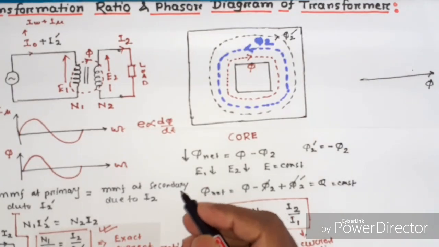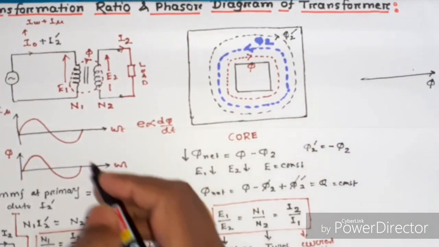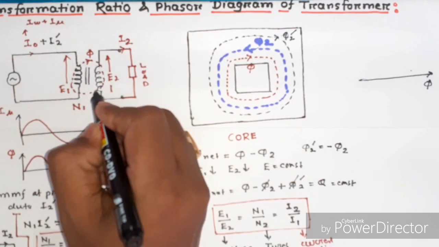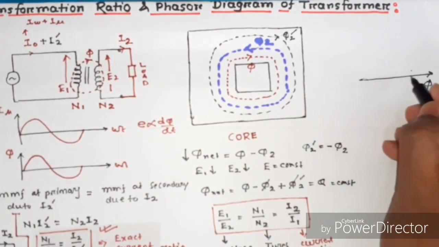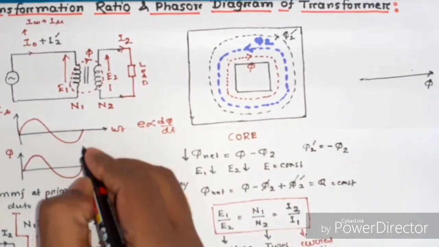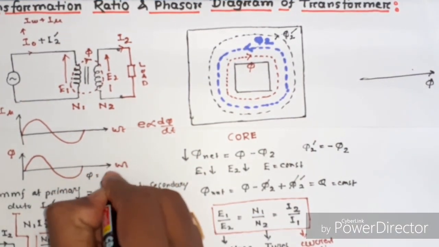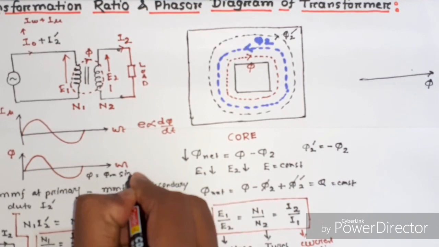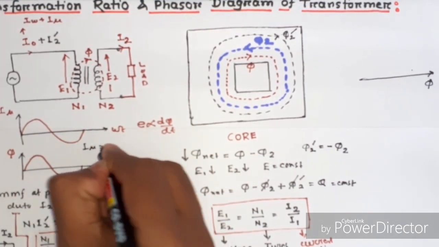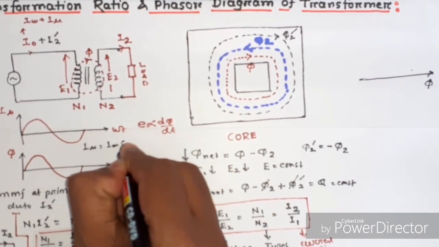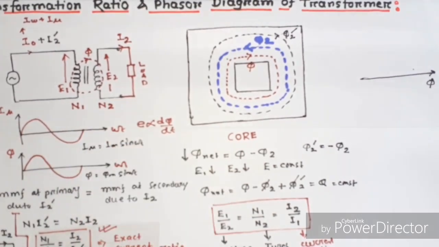Now let us draw the phasor diagram of the transformer. Here flux phi is common to both primary and secondary windings, therefore phi is taken as the reference. Phi equal to phi m sin omega t, sinusoidal, and I mu equal to I m sin omega t.